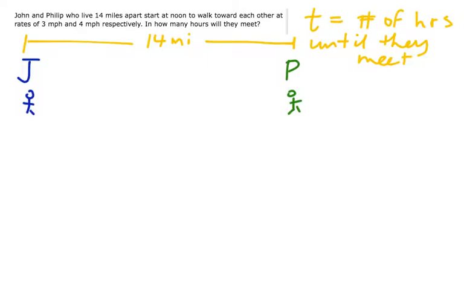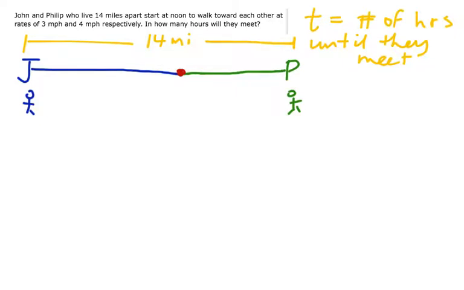John starts walking, and he walks a certain distance. Philip starts walking at the same time, and boom, they run into each other and they meet, and that's the red dot. So the question is, if one of them is walking slower and one is walking faster, are they going to meet right in the middle at 7 miles, each of them walking 7 miles, or is one going to walk a little further than the other?